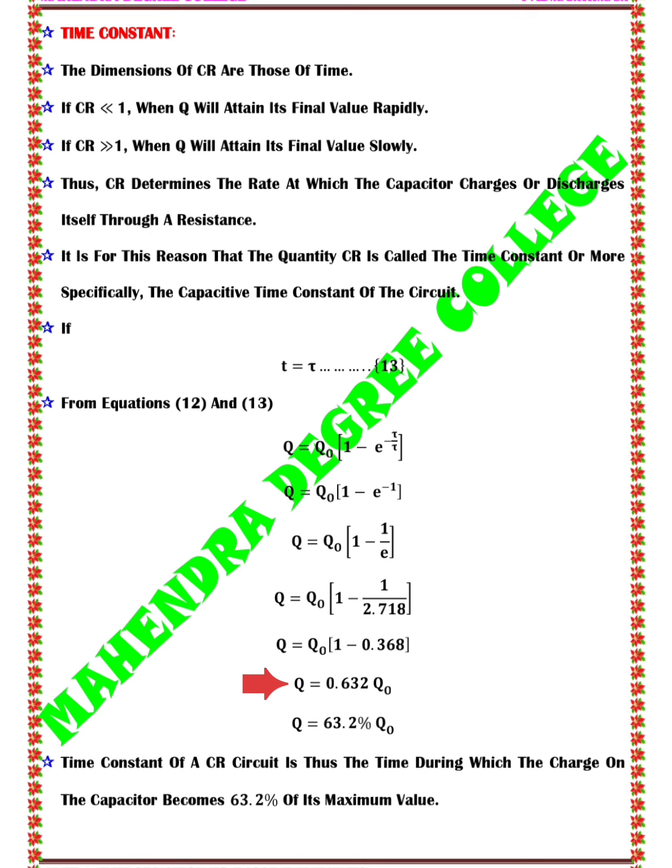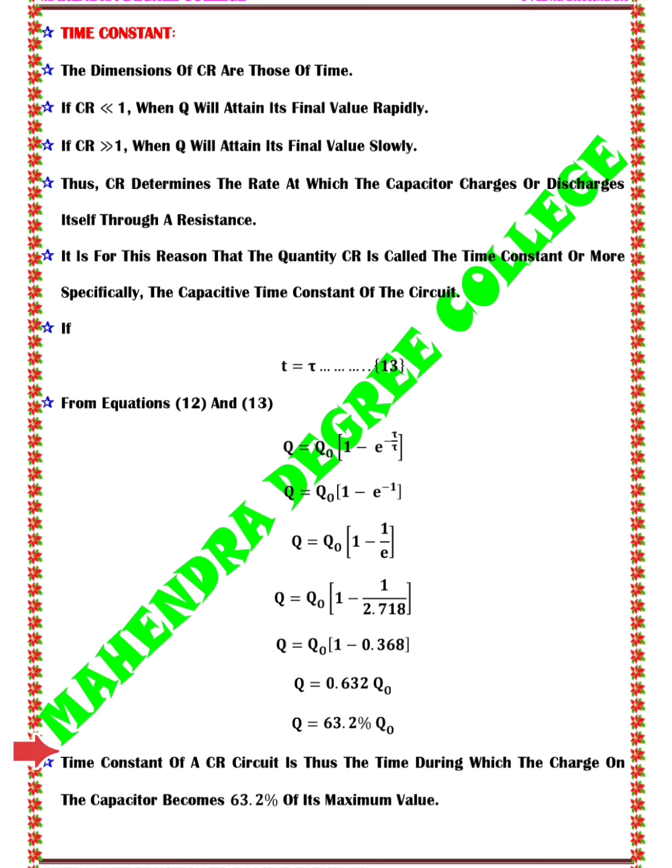So, Q equals Q naught times 0.632. It means Q equals 0.632 Q naught. Simply, the Q value is 63.2% of Q naught.